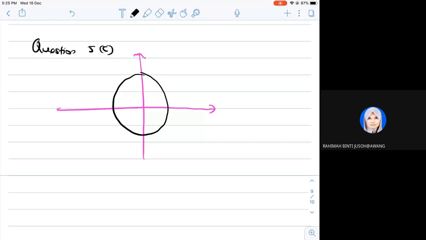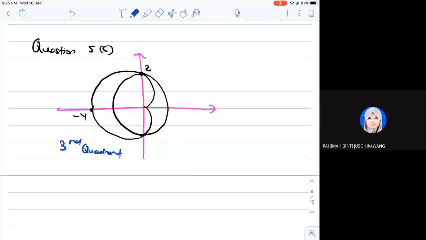So we have a circle and this is the cardioid. Here is 2. Here is -4. Inside both circle and cardioid in the third quadrant. So we know already that here is the third quadrant.